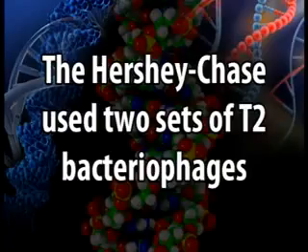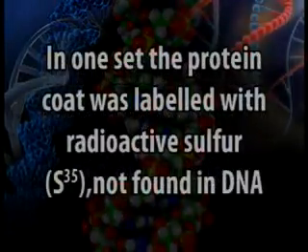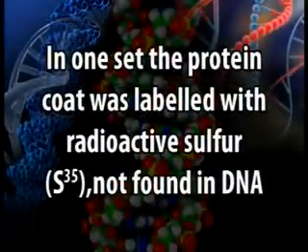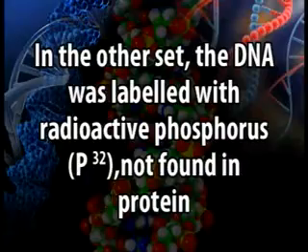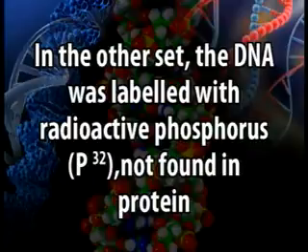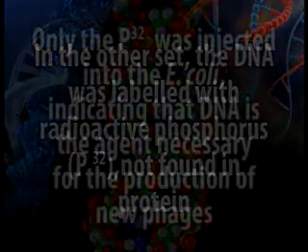The Hershey-Chase experiment, which demonstrated that the genetic material of phage is DNA, not proteins or anything else, used two sets of T2 bacteriophages. In one set, the protein coat was labeled with the radioactive sulfur S35, not found in DNA. In the other set, the DNA was labeled with radioactive phosphorus P32, not found in proteins.